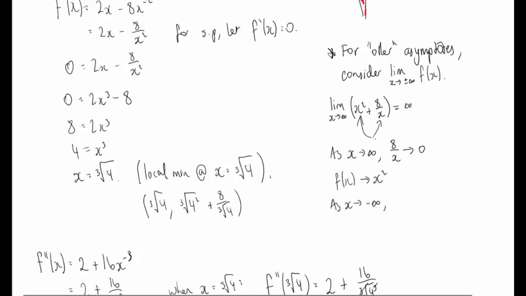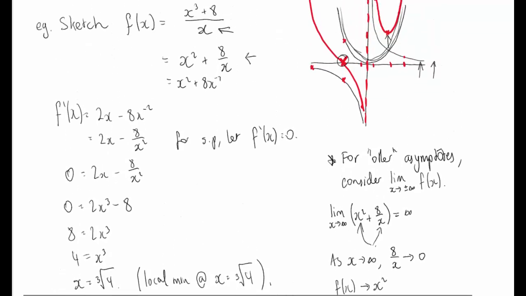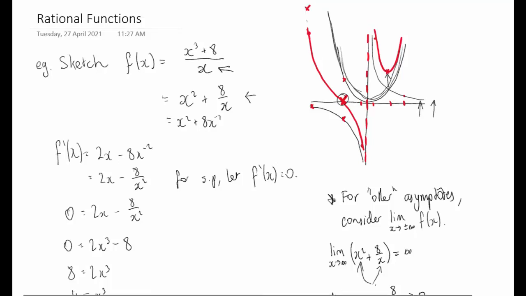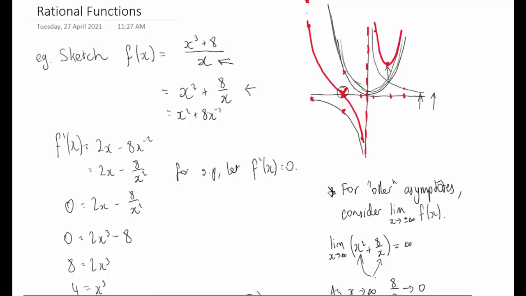So the 8 on x approaches 0, but it's approaching it from below. And so we can then say that f of x is going to approach x squared. Again, we can see that from our original graph: the x squared is going to continue up there, getting steeper and steeper, and this is going to keep getting closer and closer as we continue out further. But it will just never quite reach it. It'll always be just that little bit below the graph of x squared.